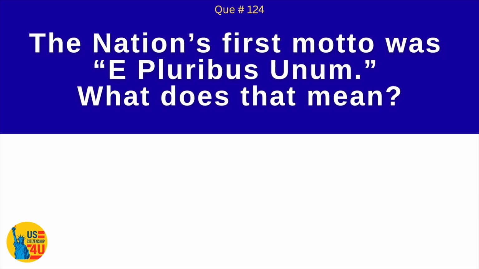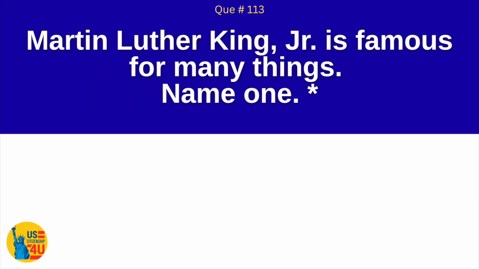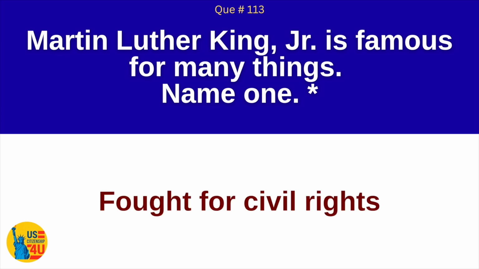The nation's first motto was, E pluribus unum. What does that mean? We all become one. Martin Luther King Jr. is famous for many things. Name one. Fought for civil rights.